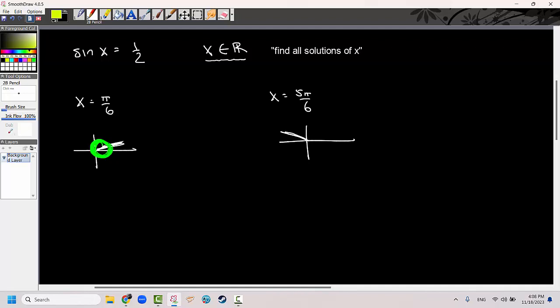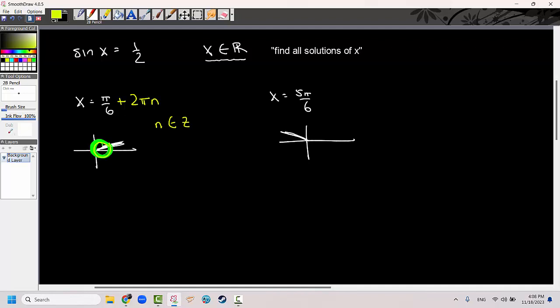So every time I draw another one of these circles, I'm adding another full rotation of the unit circle. And we have to just think, how much is a full rotation of the unit circle? How many radians is that, right? Because this is pi over 6 radians. I'm adding 2 pi radians every single time. And since I can do it infinitely, I will tack on that n. And then in this case, n, again, will be an element of all integers.